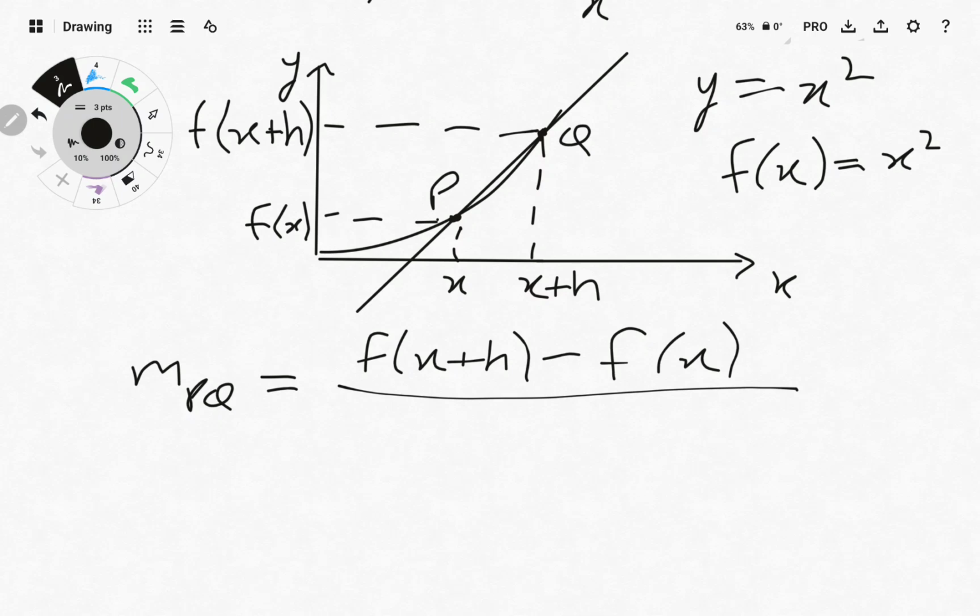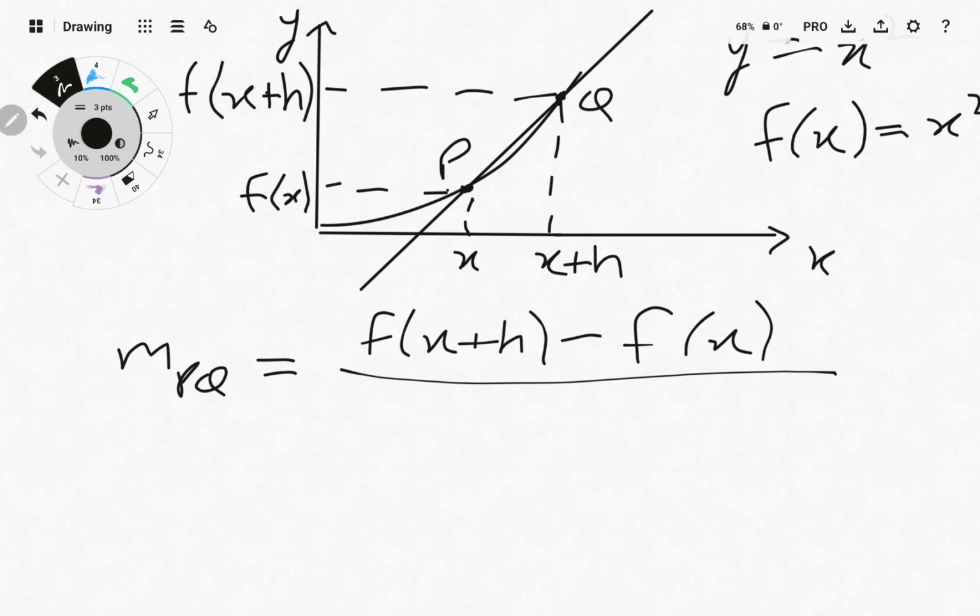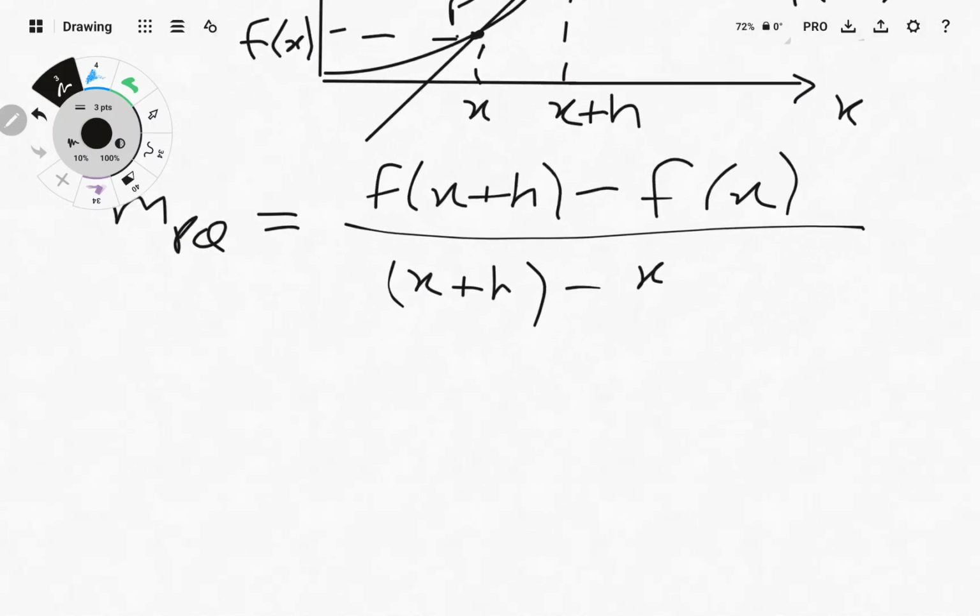All upon x2, which is the x-coordinate of Q, which is x plus h. I'm just going to put this in brackets so that you can see it more easily. Minus x1, which is the x-coordinate of P, which is just x.